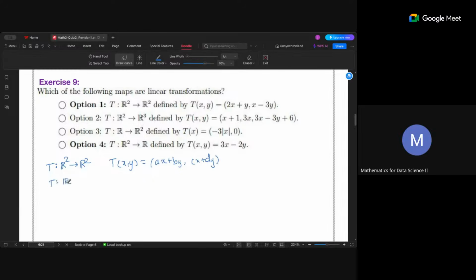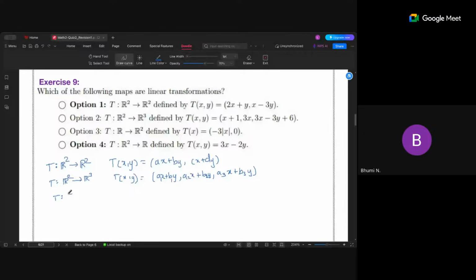Can you similarly write R2 to R3 in the same fashion? A1x plus b1y, constant. What is constant?